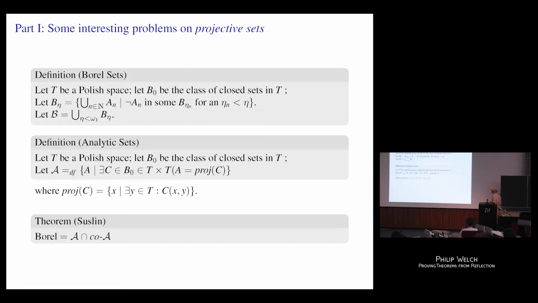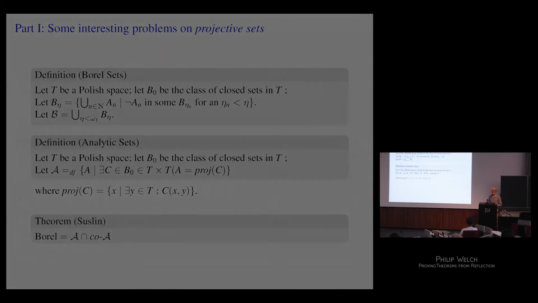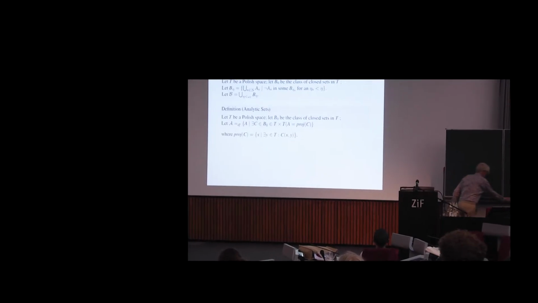Okay, analytic sets were essentially discovered by Luzin, who did the early work on them. An analytic set, curly A, is the collection of sets A in your space, for example, subsets of R. You could take a closed set here, or the zeroth level, or indeed something at any of the higher levels, in a product of the space with itself, and you look at its projection down onto one axis.